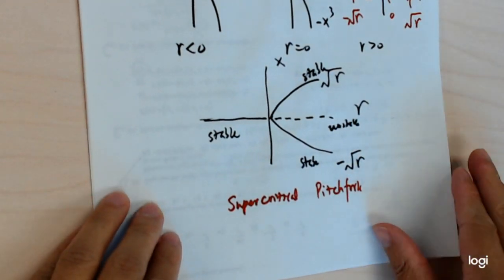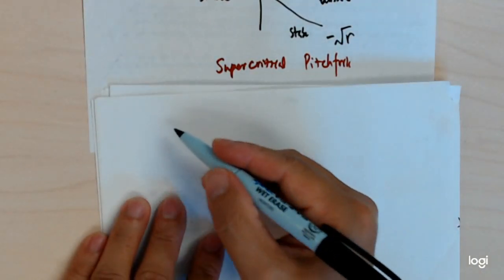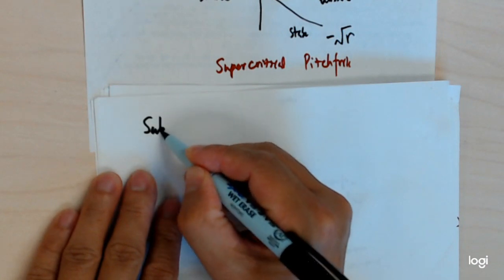And here's a prototype problem for the subcritical pitchfork.